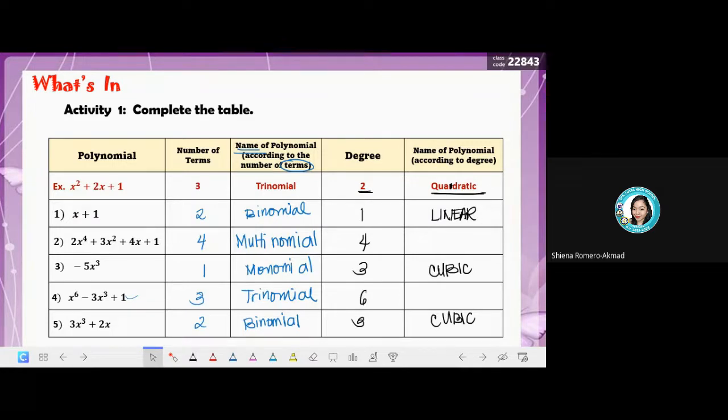You can search the Google para malaman nyo rin. Ayan. So, ilan na yung sumagot? 1, 2, 3. So, tatlo sila na sumagot. Pag 4 daw yung degree, that is quartic, correct. We call that quartic.